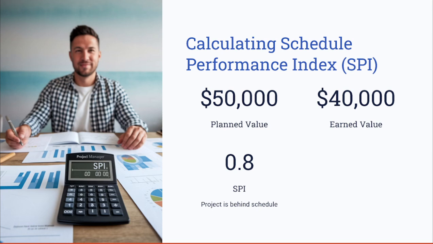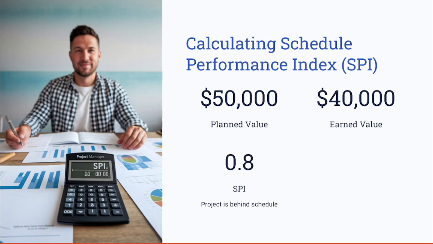Let's now look at one of these examples where we have to calculate the SPI, or schedule performance index. Let's say that we have a planned value of 50,000 US dollars, and the earned value is 40,000 US dollars.